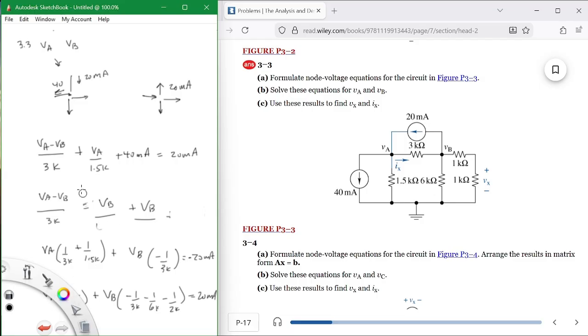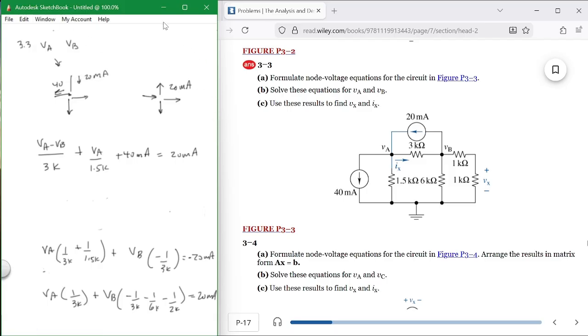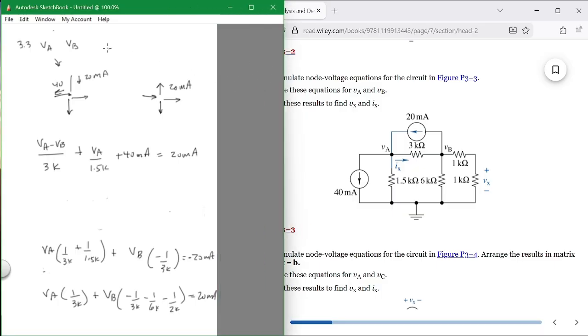I can just expand this. Oh boy, how do I expand this?